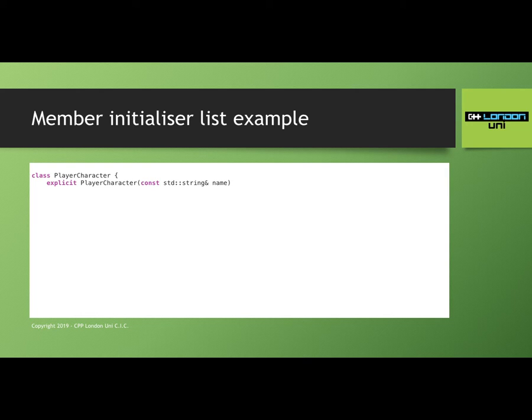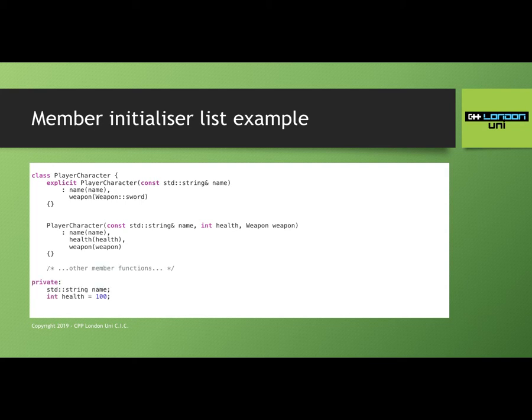Oh yeah, we've got a new example this week, that's fun. So imagine we're writing a game, player character, it's got a name, got a weapon. In fact, why don't I just show you all the code and then we'll explain it.